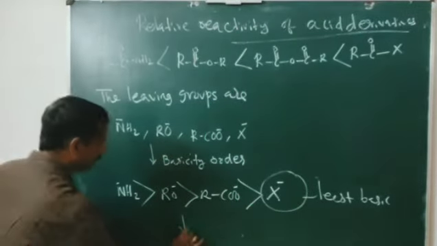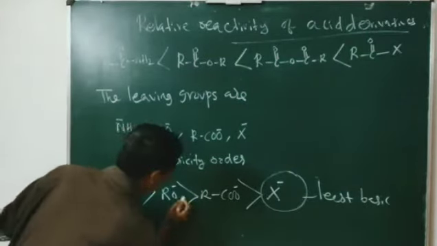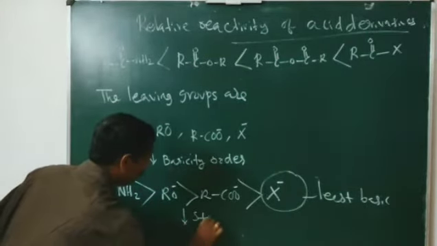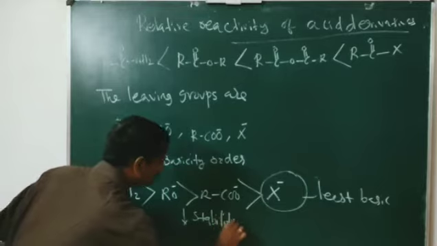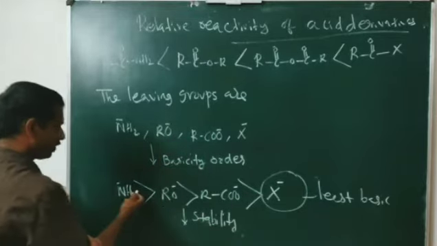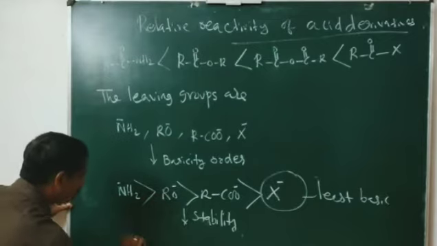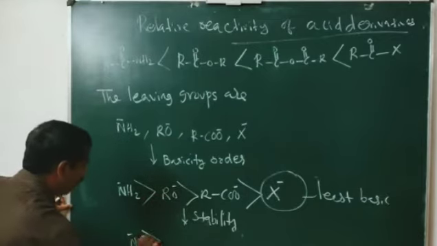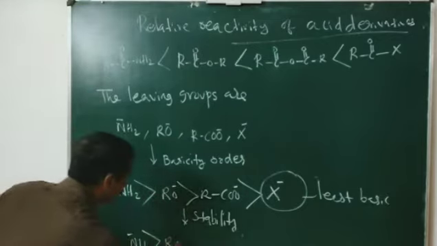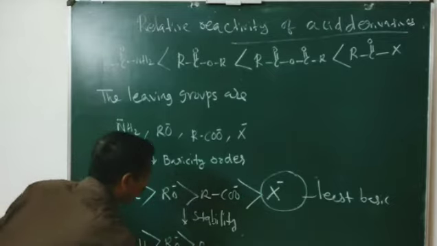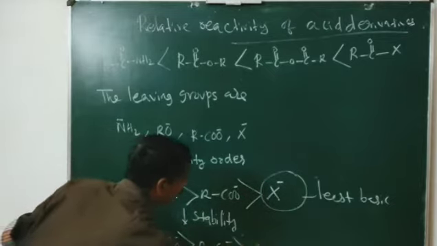One more point: this is the basicity order, and the stability order is the same. Most stable is NH2 minus, then RO minus, then RCOO minus, and X minus.